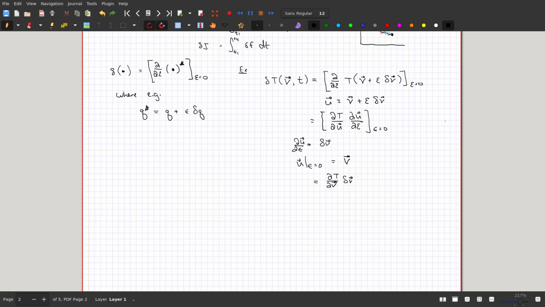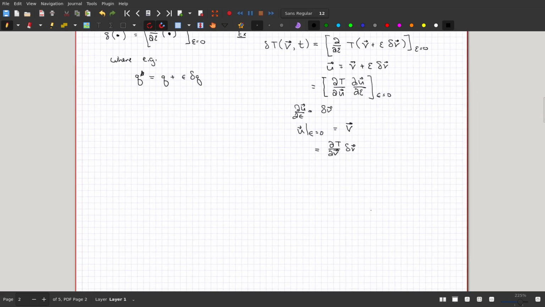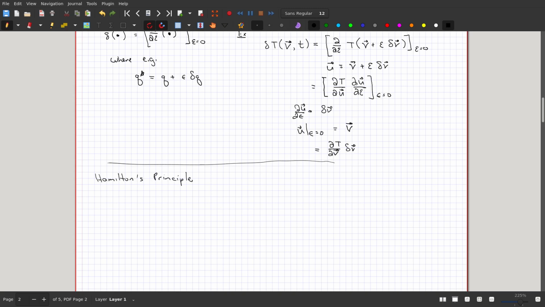See then, okay, how we can use this to solve a problem. And what we're going to use to do it is we're going to introduce something called Hamilton's principle. If anyone's ever taken a class in advanced dynamics, is there any mechanical engineers in here?